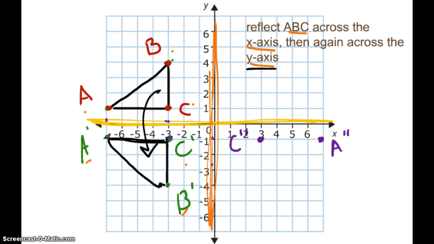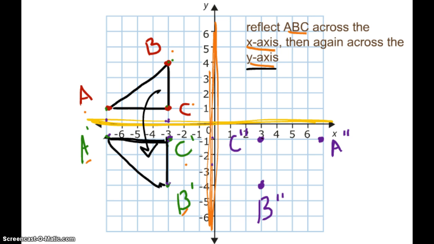Point B prime is 3 units away from the y-axis, or the line of reflection. So instead of negative 3, I'm going to flip it over and put it at positive 3. So this is B double prime.